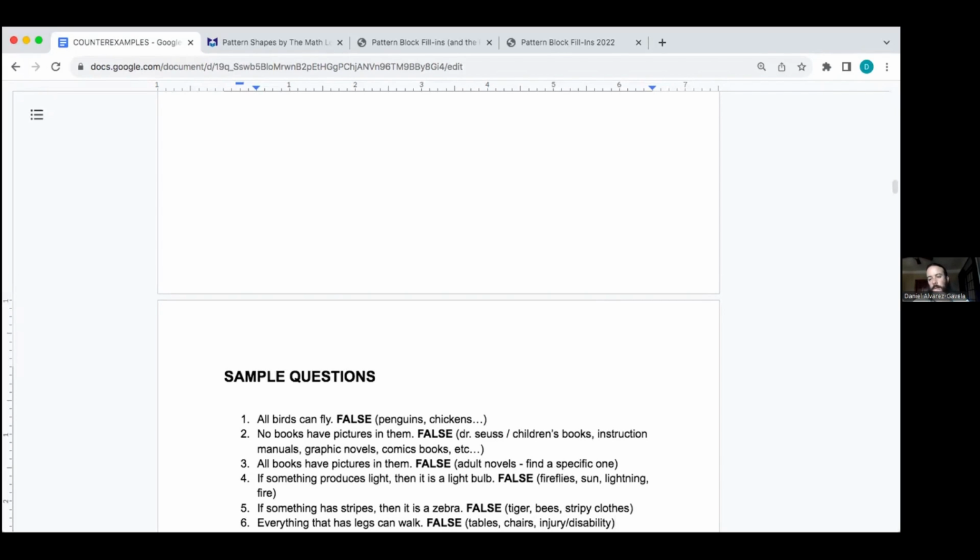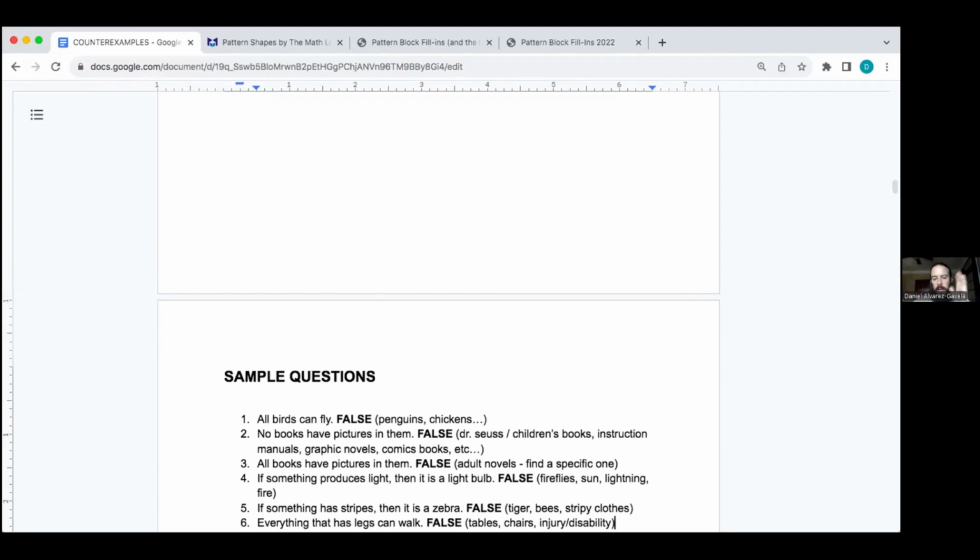I think the counterexamples of tables and chairs are quite interesting because again, if you think everything that has legs, maybe the most natural thing that someone would think about is an animal. So let's try to think of animals that have legs but cannot walk. But you really need to take the statement as it comes.